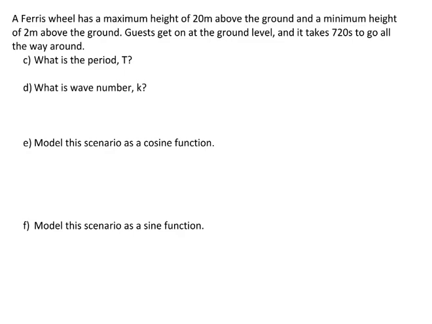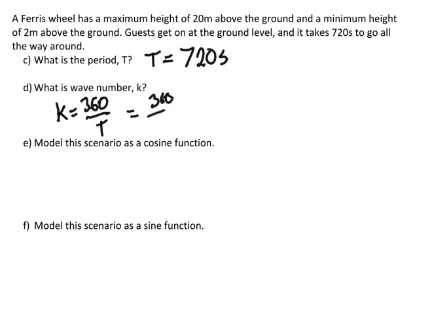Okay, the period of this is actually just, well, how long does it take for the guest to go all the way around? And that is the 720 seconds. So the wave number k is 360 divided by that period. So the wave number is going to be 360 divided by 720, and 360 divided by 720 is a half.